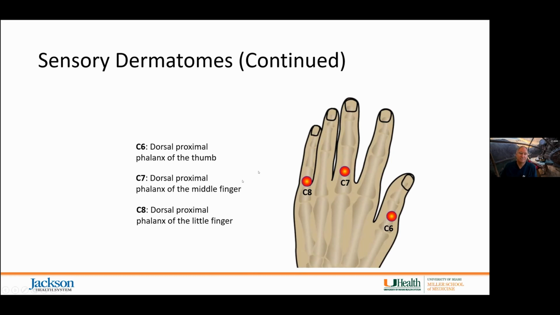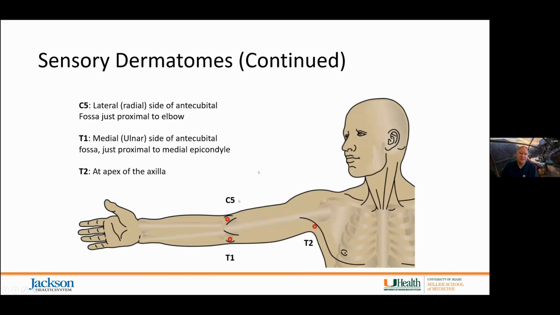As we look at the elbow, the lateral elbow, basically just lateral to the antecubital fossa, is going to be considered our C5 dermatome. The medial, if you want to consider the medial epicondyle, basically is T1, and then T2 is in the axilla.